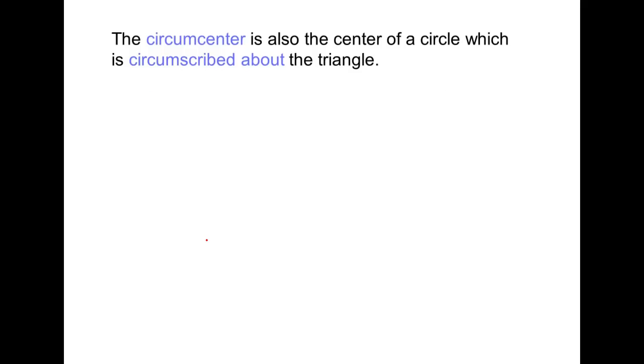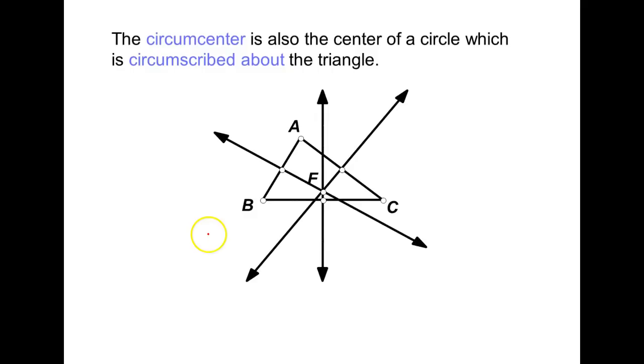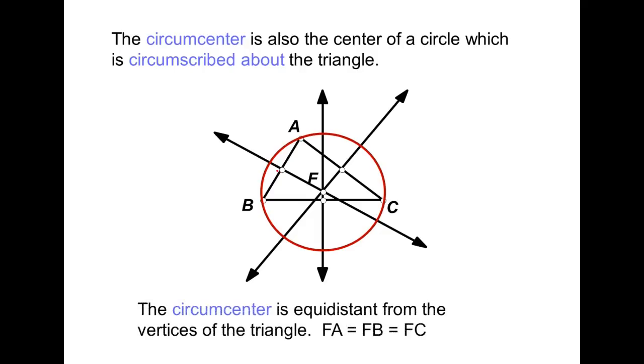And one interesting note about the circumcenter is that it is actually the center of the circle that is circumscribed about the triangle. So there's a circle that goes around the triangle and intersects each of the vertices. And the center of that circle is that point of concurrency, point F, the circumcenter. So that makes that point equidistant from the vertices of the triangle.